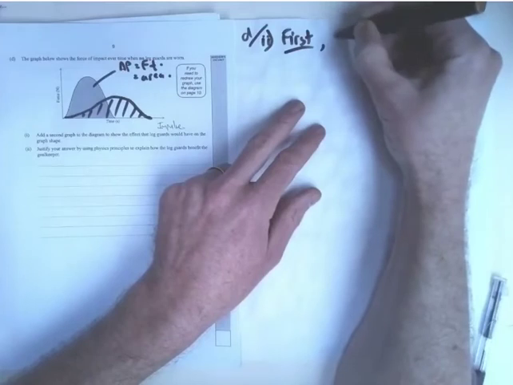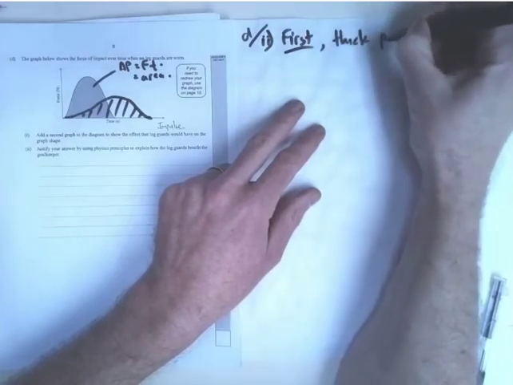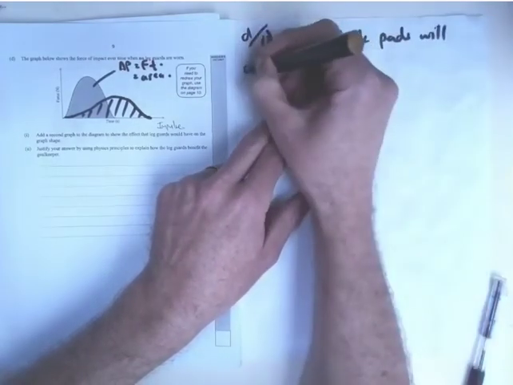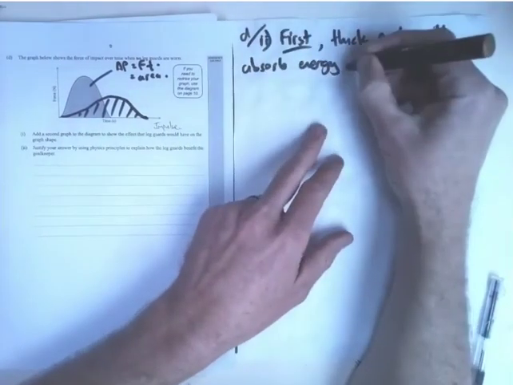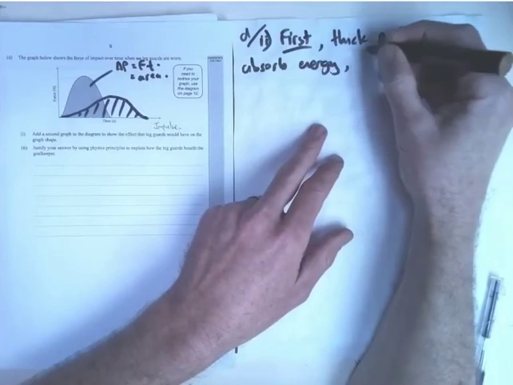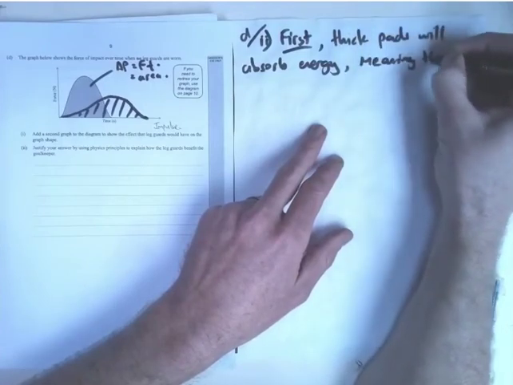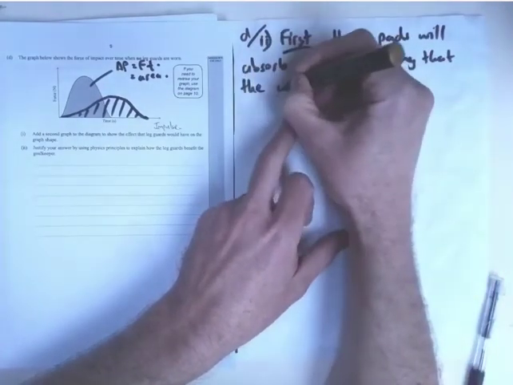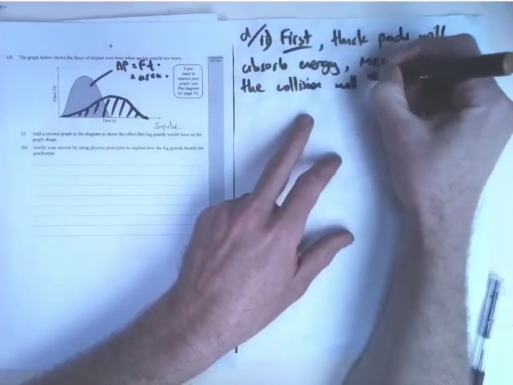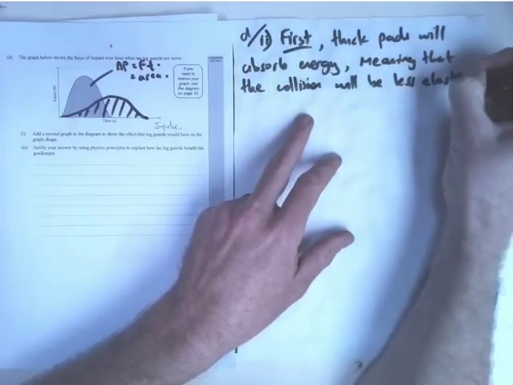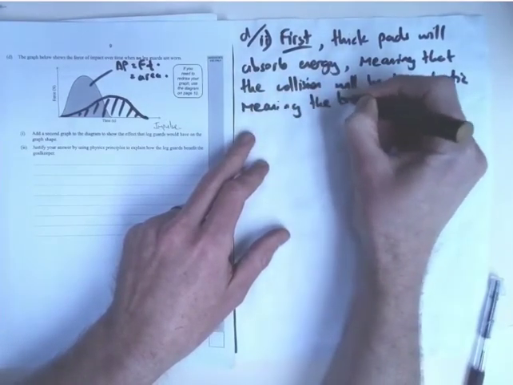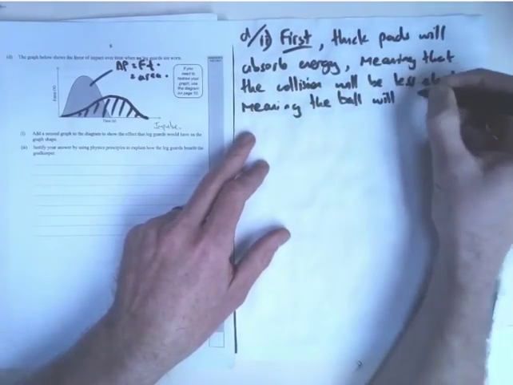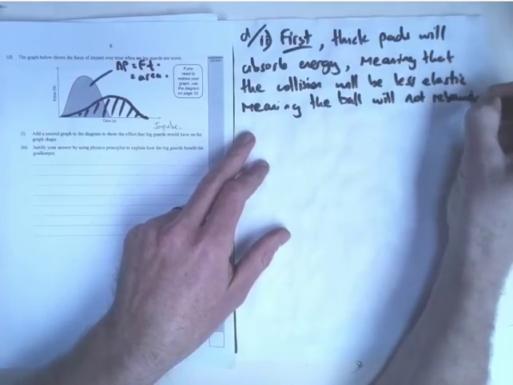Alright, so now to explain this. First, thick pads will absorb energy, but that's not really what they want you to be talking about. They want you to be talking about momentum. Absorbing the energy means that the collision will be less elastic. But a spring absorbs energy in a very elastic way, so perhaps "absorb energy" isn't the right thing.